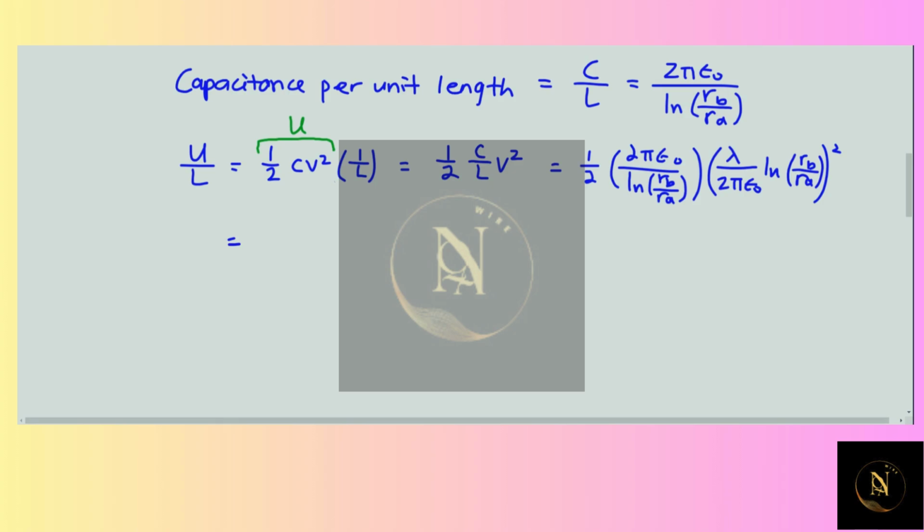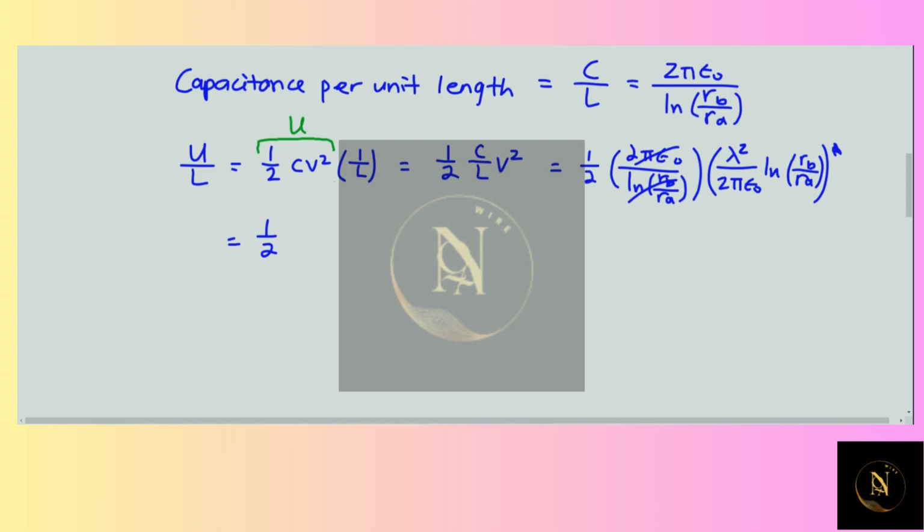To simplify this algebra, you can see that the 2 pi epsilon naught here will get cancelled out. This will also get cancelled out by these two terms. With the square, you can cancel it and just attach the square to the lambda square.